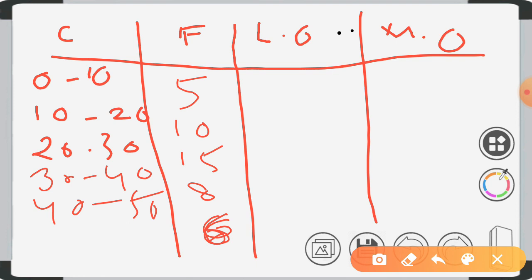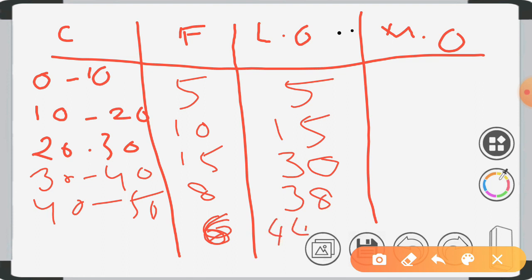Now we have to calculate the cumulative frequency of the less than ogive curve. Cumulative frequency means adding to the preceding class. First one is 5, 5 plus 10 is 15, 15 plus 15 is 30, 30 plus 8 is 38, and 38 plus 6 is 44.